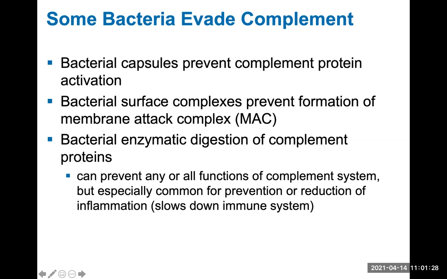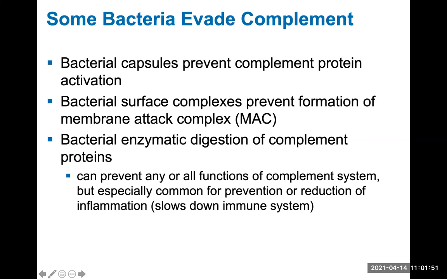So just like we saw with phagocytosis, there are some bacteria that have mechanisms to evade complement. I'm not giving you any specific bacteria for this, but I will tell you in general that bacterial capsules can prevent the complement protein from being activated.